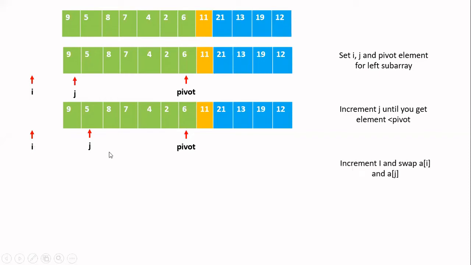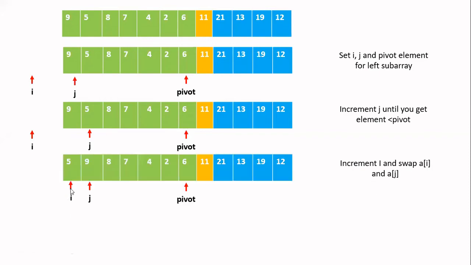Same steps. So now i is pointing to the first element, at index 0. Now I have to swap the element at index 0 and the element at index 1. When I swap these two, 9 and 5 will be exchanged, so I will have this as my new array.